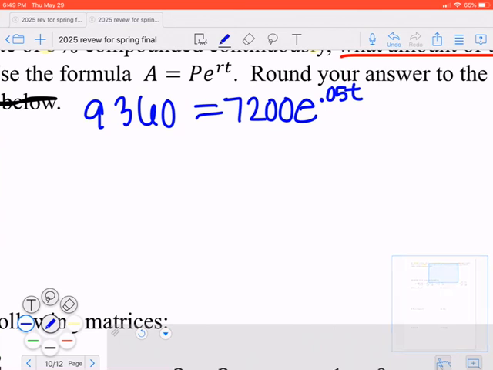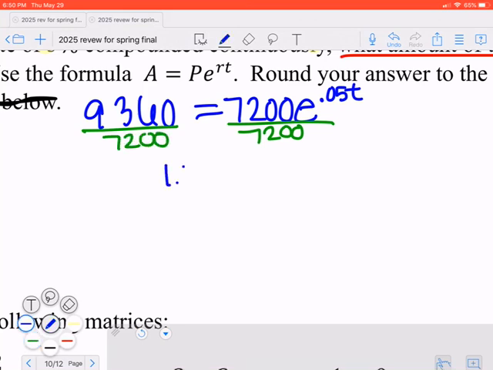So we want to first divide both sides by 7,200, and that comes out to be 1.3 equals e to the 0.05t.